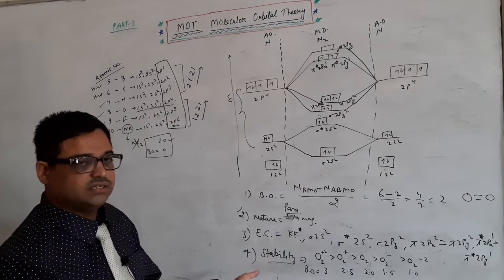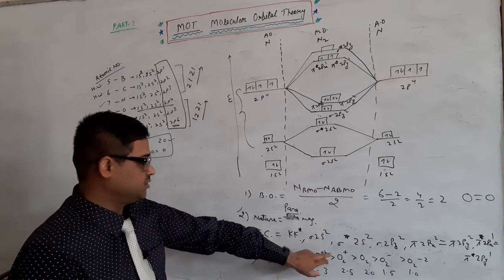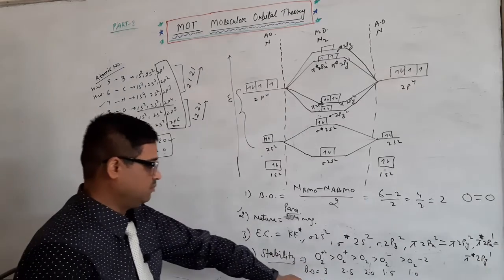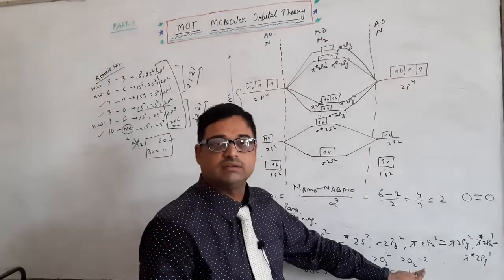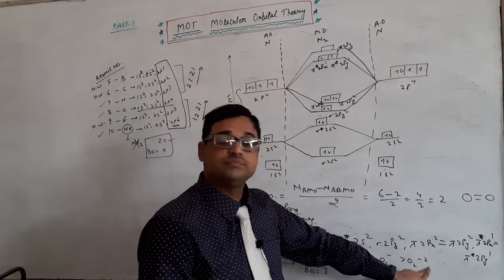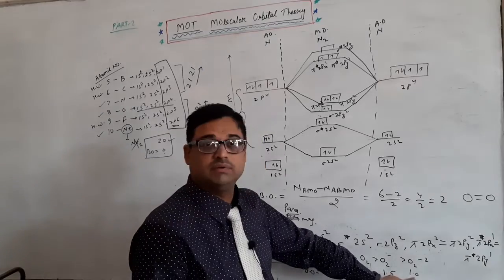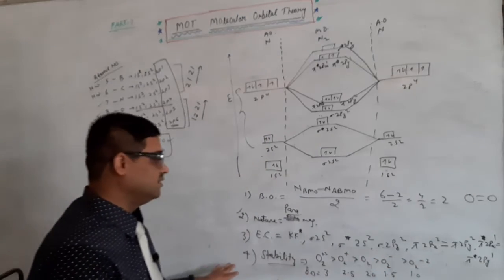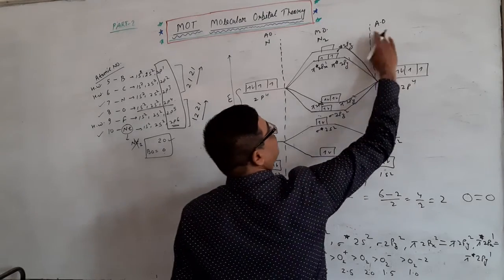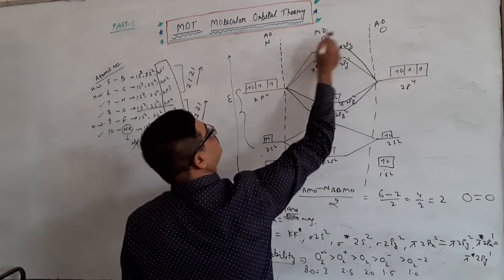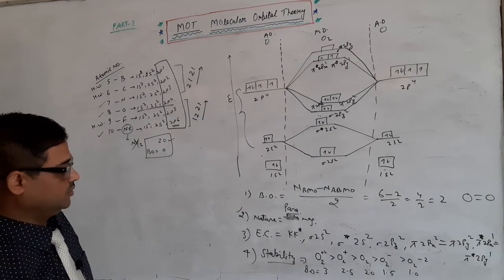You can calculate the total number also. 8 2s are 16 and minus 2, so 14 electrons. In 14 the bond order is 3. You can take this example also. 8 2s are 16, and now we will add 2. 16 and 2, 18. So that technique I have given you already. So you can make here oxygen should be mentioned O2. So this is the MO diagram of the O2 molecule.